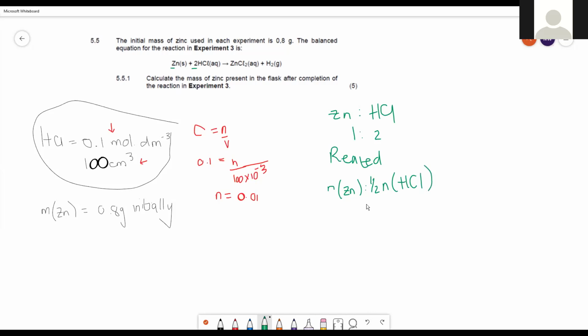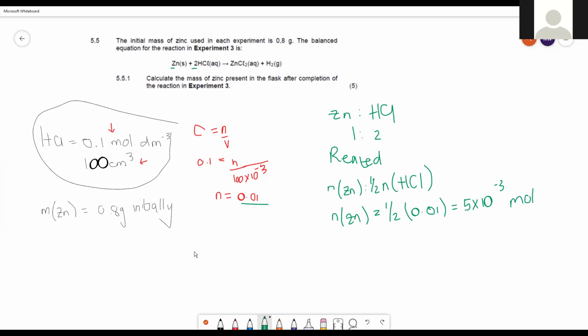So we can then say that N moles of zinc is equal to 1/2 times the amount that we had here, 0.01. That should give us 0.005, which is 5 times 10 to the negative 3. Okay, so now we have the moles.